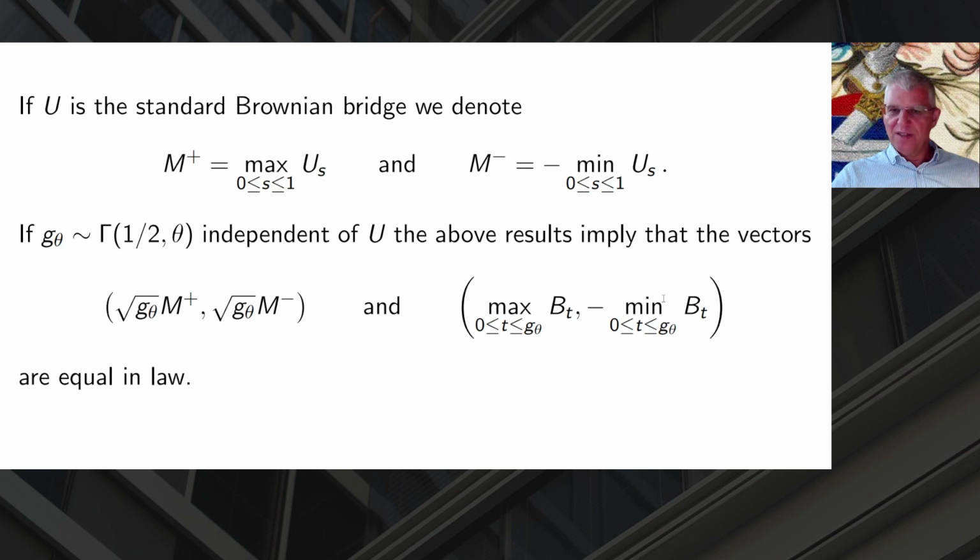But we know that the maximum and minimum of this distribution here are the maximum and minimum of a Poisson process, at least conditionally on the local time. And if you have a Poisson process on the real line, it's fairly easy to compute the distribution of the maximum, right?